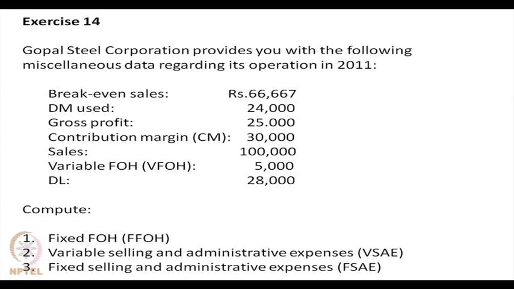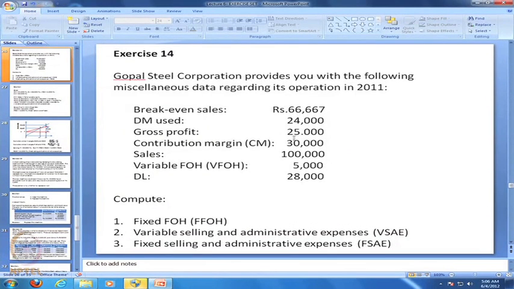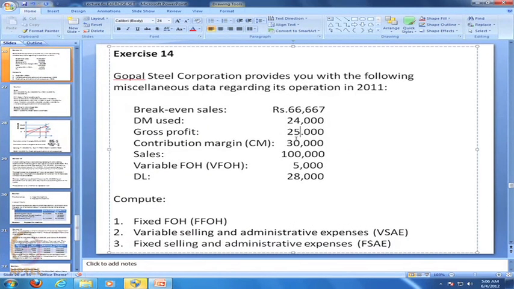Direct material used is 24,000 rupees. Gross profit is equal to 25,000 rupees. There is a mistake here. ₹25,000.